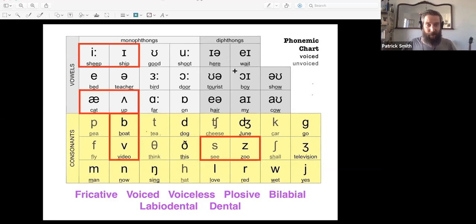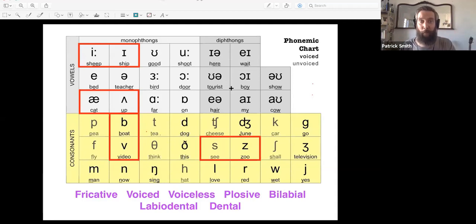Now, there's lots of different things to discuss here, but let's begin with the most simple difference, which is between the top half and the bottom half. All the symbols in yellow are consonants. There are 24 of them. And all the symbols in grey are vowels. The vowels are actually subdivided into monophthongs and diphthongs.